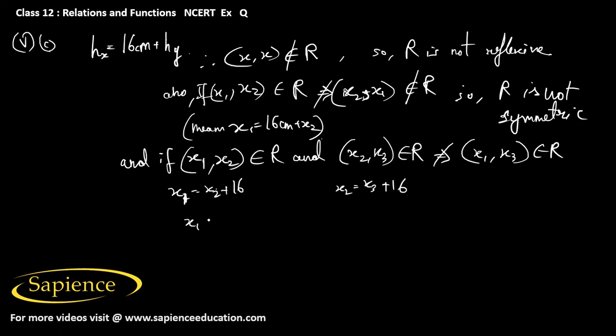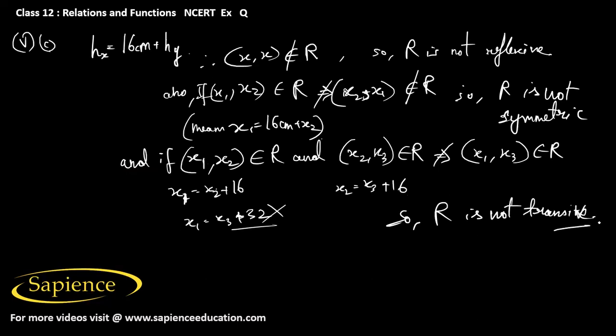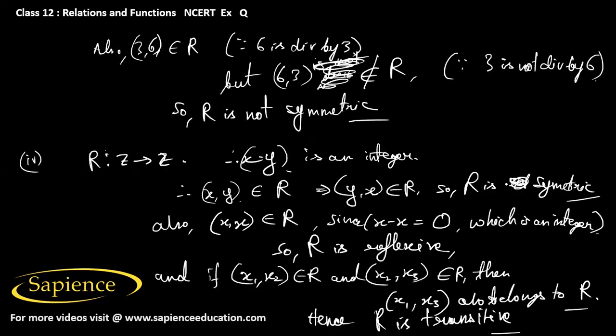So then x1 will be x3 plus 32. So this we can't take. And then you can say that R is not transitive also.